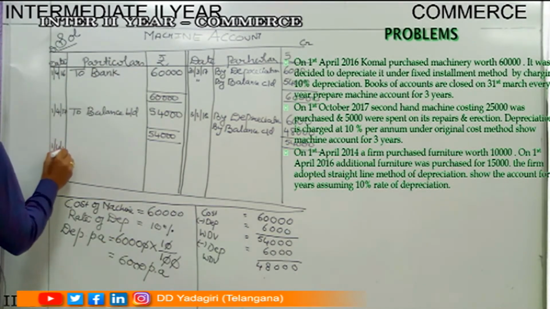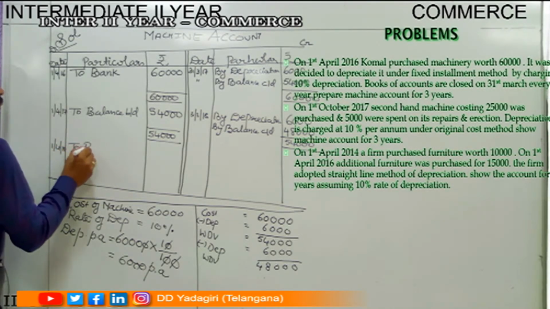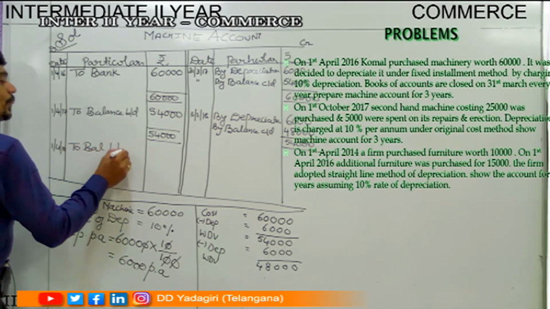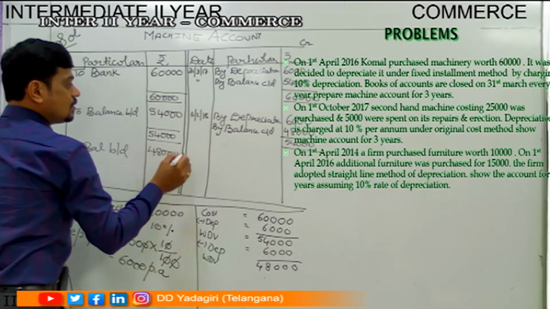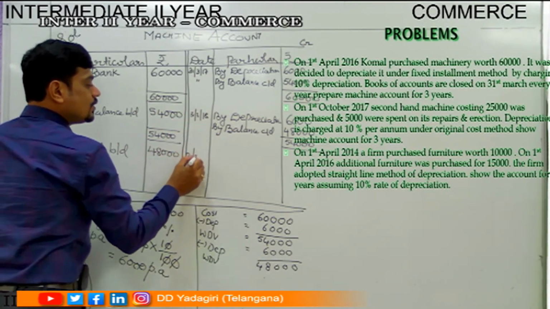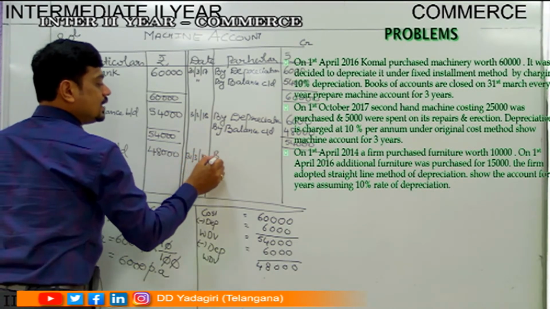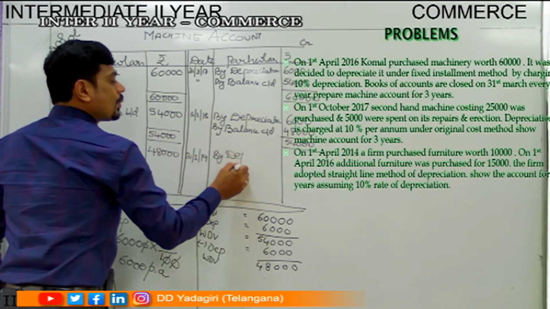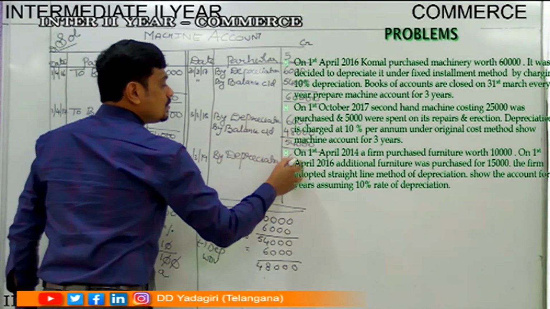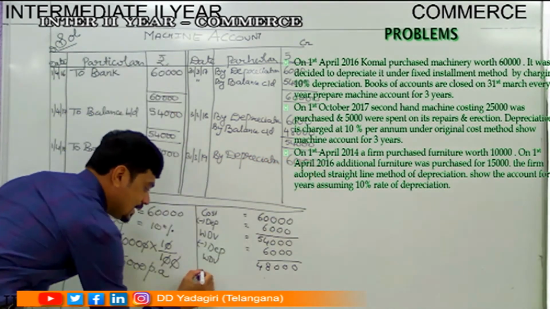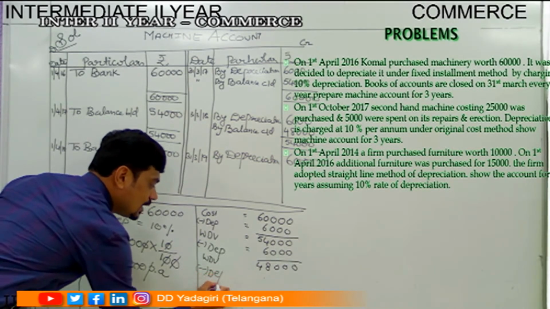1st April 2018, to balance brought down, how much? 48,000. So again 31st March 2019, by depreciation. How much will I charge again? 6,000. So I'll minus again 6,000.